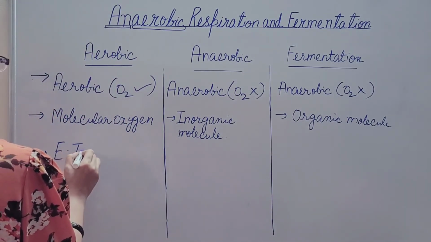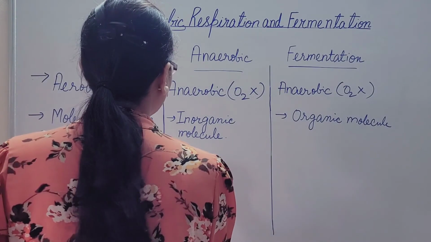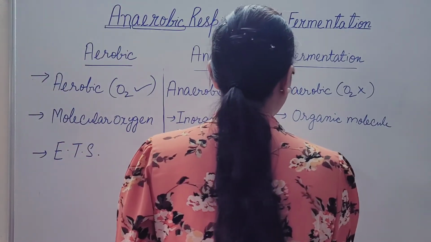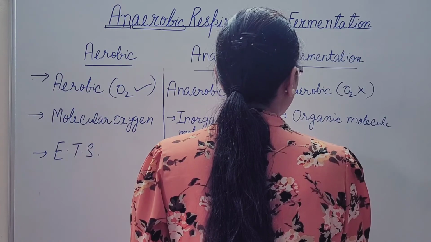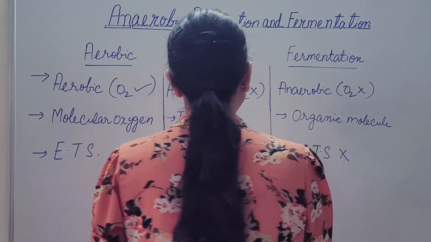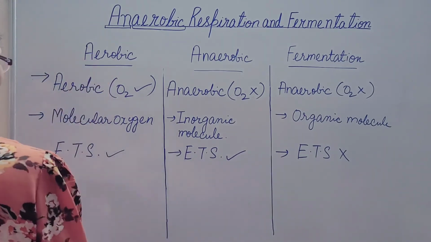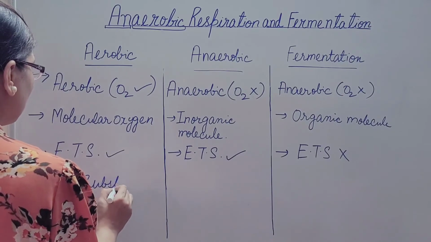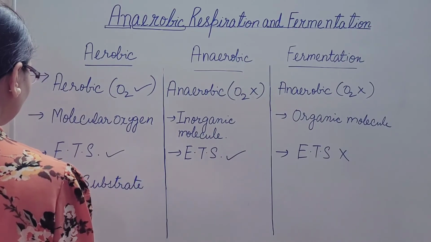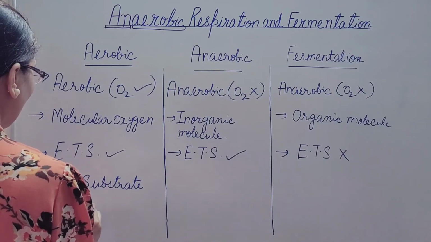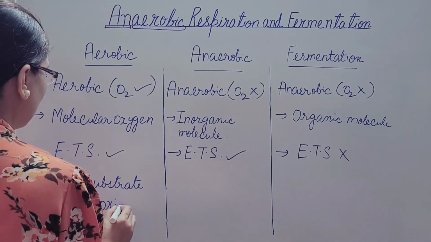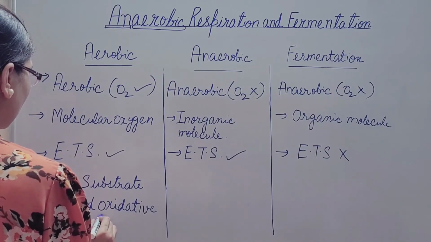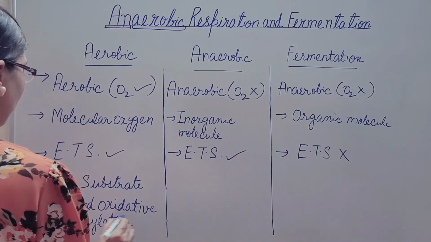In aerobic respiration, the electron transport system is involved. In anaerobic respiration also the electron transport system is involved, but in fermentation the electron transport system is not involved. In aerobic respiration, ATP is generated by substrate level and oxidative phosphorylation both.